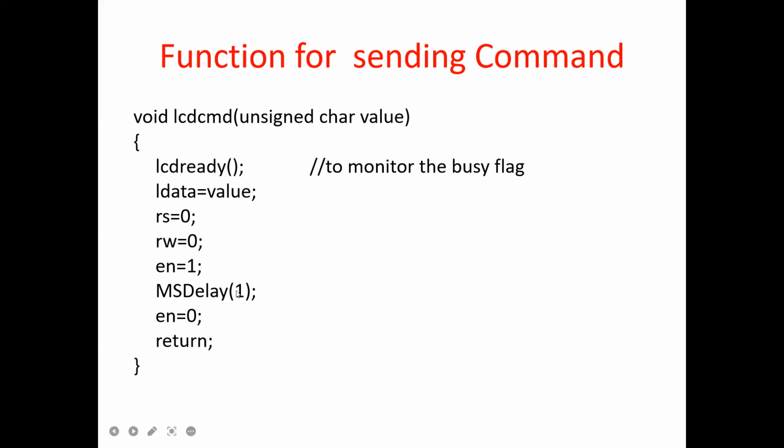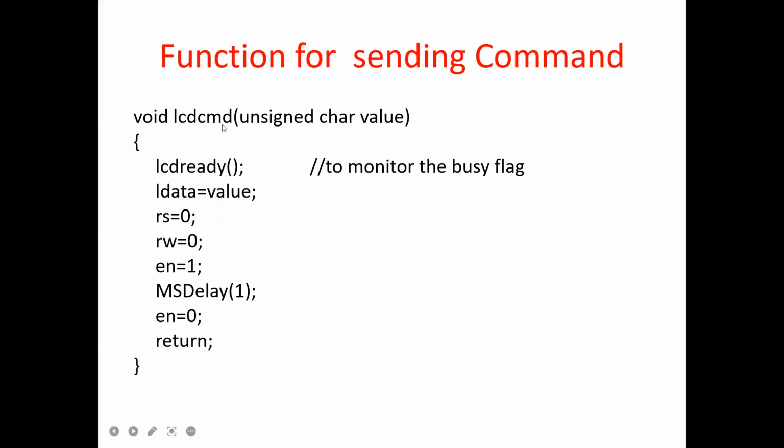So we give a certain delay and again make EN equal to 0. In this delay the data will be latched, and when we make EN equal to 0, it will not take any data until enable is made again.